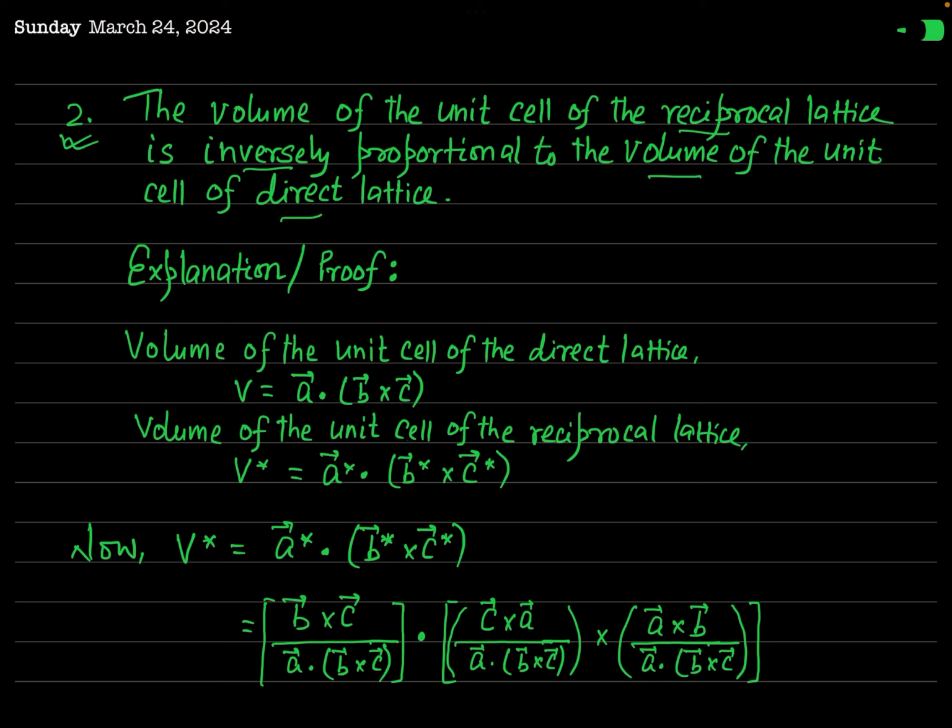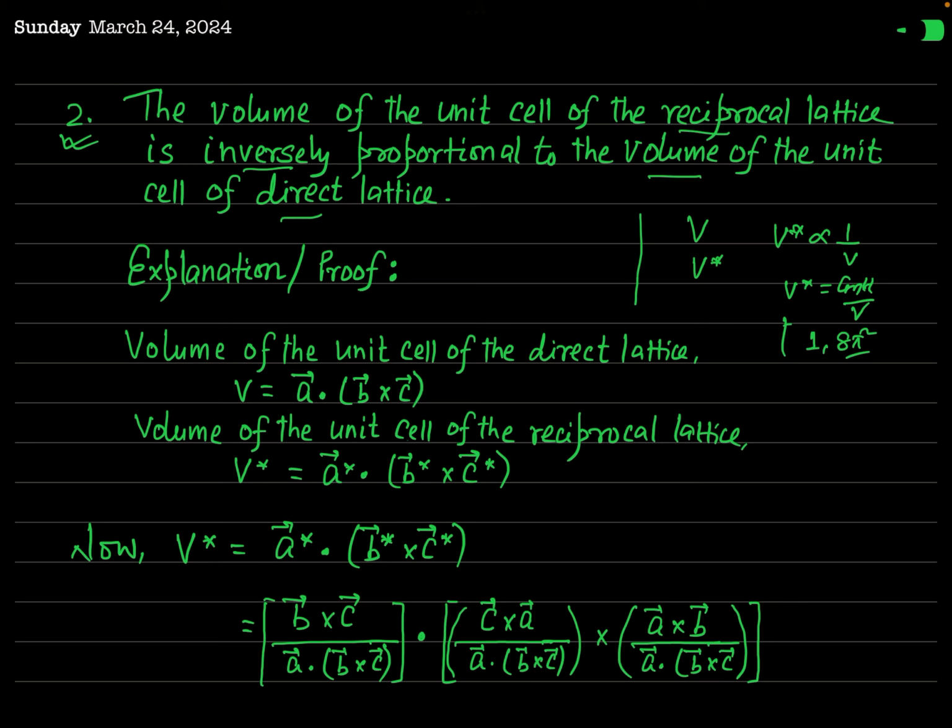It means we have to prove that the volume of the reciprocal lattice is just the inverse of the volume of the direct lattice. If V is the volume of the direct lattice and V star is the volume of the reciprocal lattice, then we have to show that V star is inversely proportional to V, or V star will be equal to some constant divided by V. Usually this constant will be either 1 or 8 pi square. You will see later on.